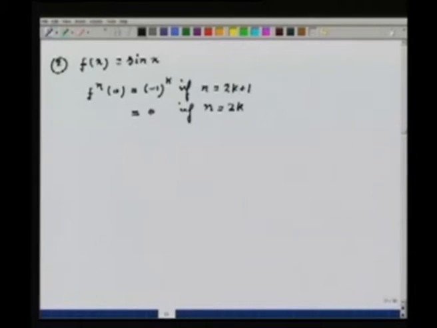That means the even powers of x which should appear in the Taylor series will disappear because the derivative at 0 will be 0. So the powers of x which will appear in the Taylor series of the sine function are certainly going to be the odd powers. Well, this actually reflects the fact that sine of minus x is minus sine x. That property is taken care of by these odd powers.